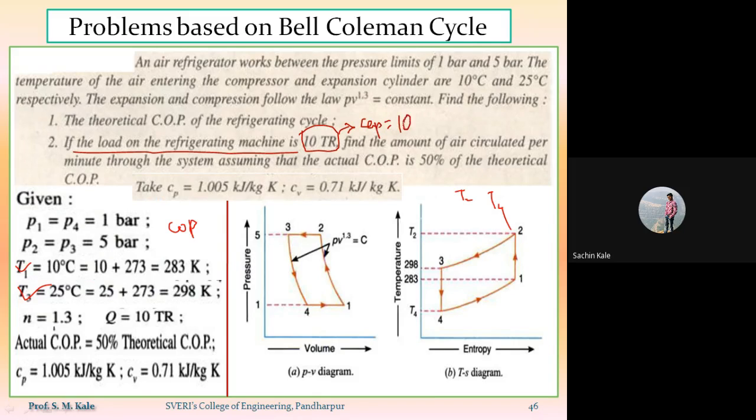What is the capacity of that refrigerating machine? 10 TR. 10 TR means how much? 10 into 210, because we know the conversion factor of TR into kilojoule per minute. So 10 into 210 is in kilojoule per minute.